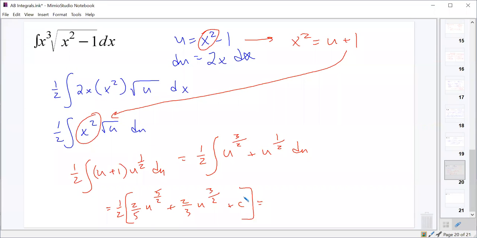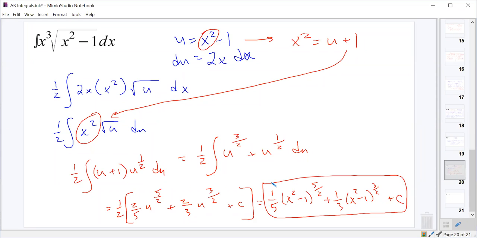And now, since this is an indefinite integral, we got to go back to terms of x, and I'll distribute the 1/2 through. So we got 1/5 x squared minus 1 to the 5/2 plus 1/3 x squared minus 1 to the 3/2 plus a constant.